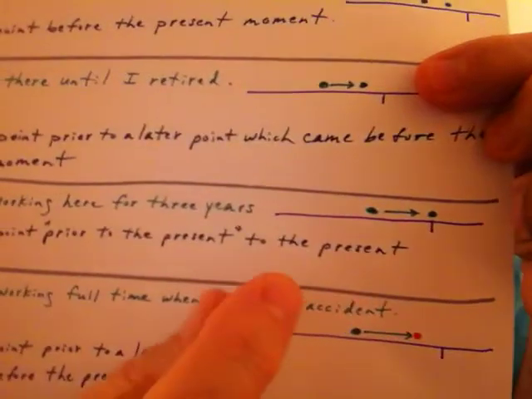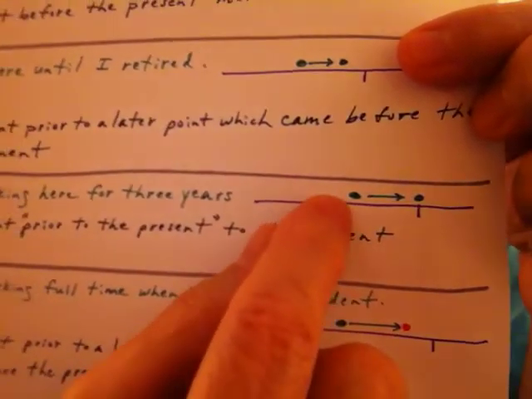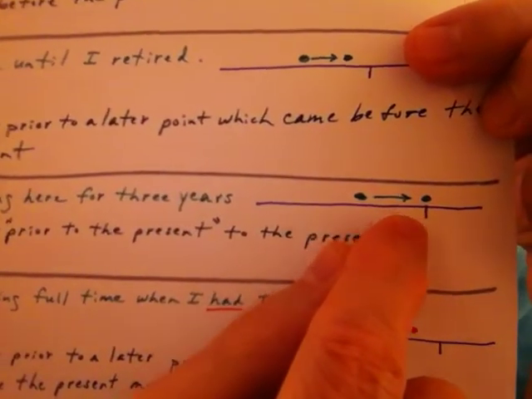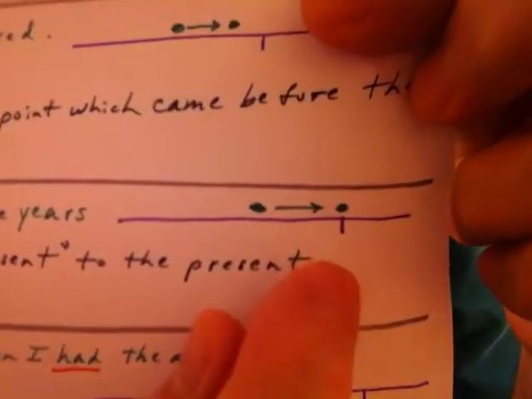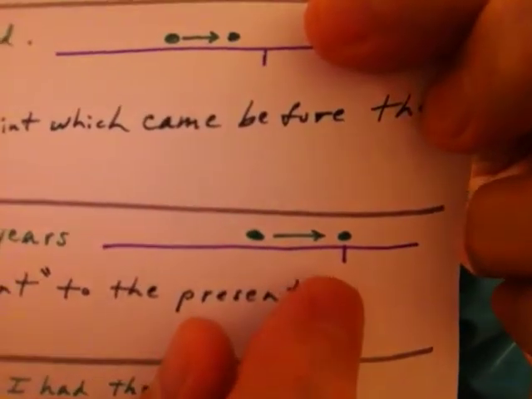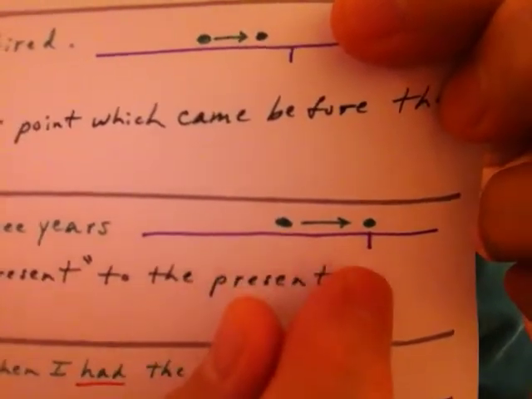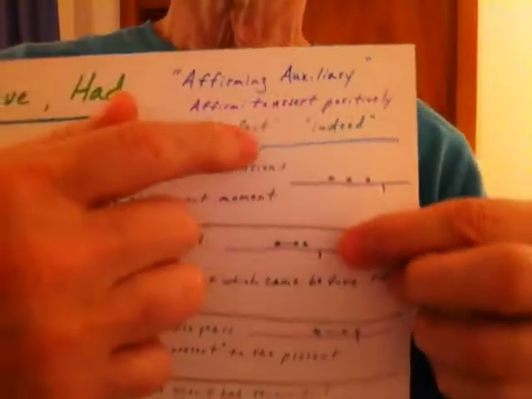I have been working here for 3 years. Now, when you say have been, that brings us up to the moment of speech, the present moment. You see how the timeline's different? Each one is different, and that's why you need the words be and been.